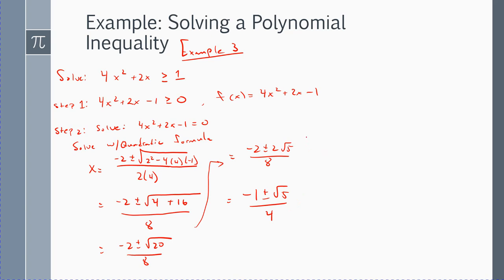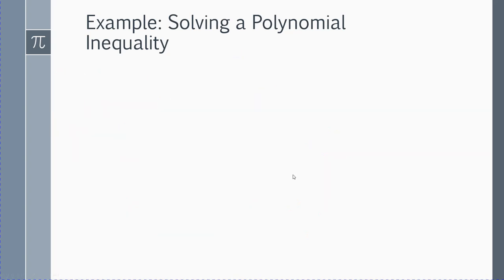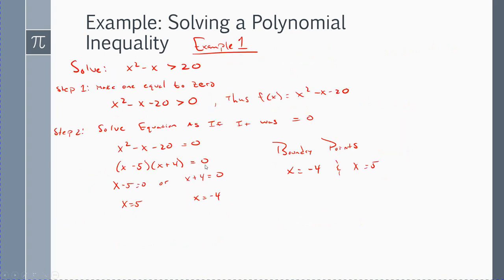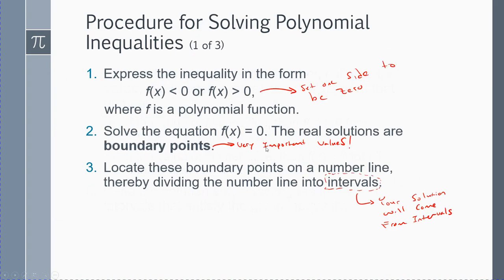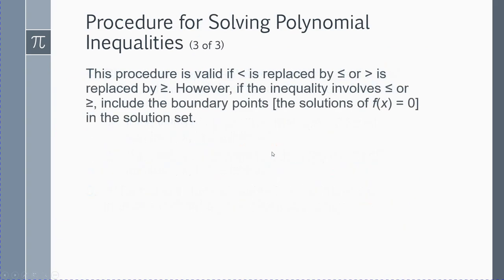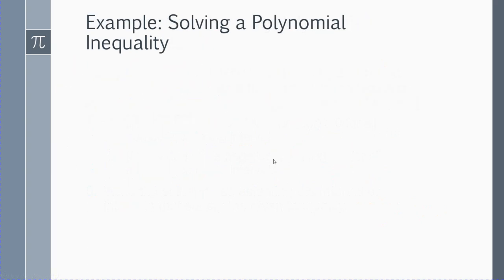Woo! Okay, that was the extra harder part. So what that means then is your boundary, going back here, what we're always looking for is these boundary points. Find the boundary points. With the quadratic formula here, you have 2 solutions.